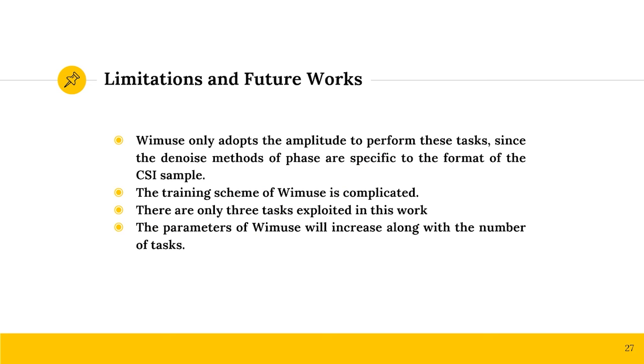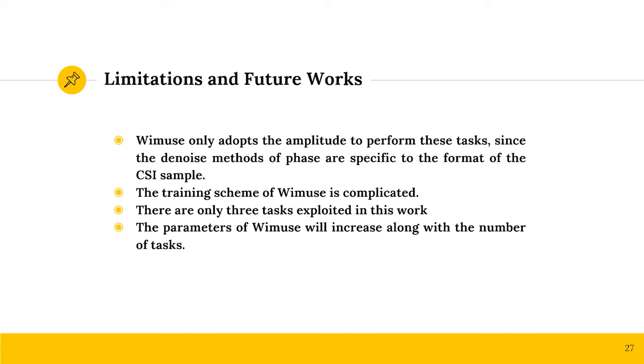Okay, now let's move to the part on limitations and future work. First, Y-Muse only adopts the amplitude of CSI. Even though some other research has pointed out that the phase of CSI contains useful information for the sensing tasks, the denoising methods for phase are specific to the format of the CSI sample.